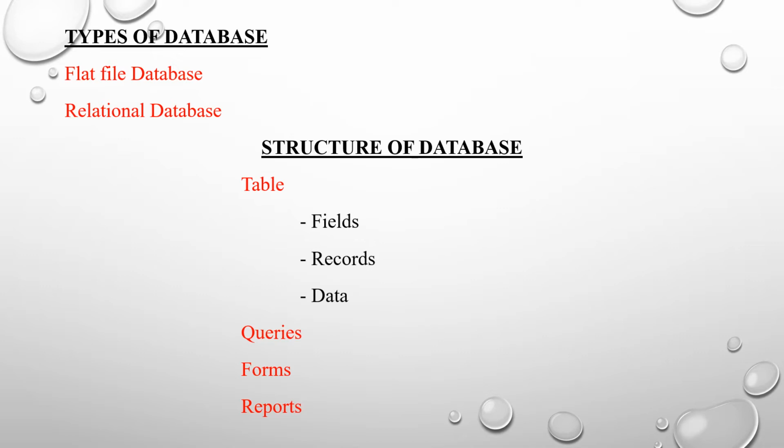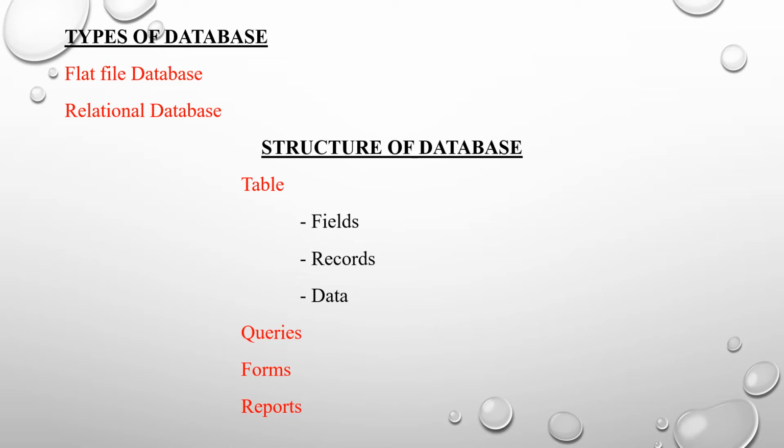For example, Microsoft Excel. The next one is the relational database. A relational database stores the data in several tables and links those tables together to get a common piece of information. For example, Microsoft Access, Microsoft SQL and Oracle.